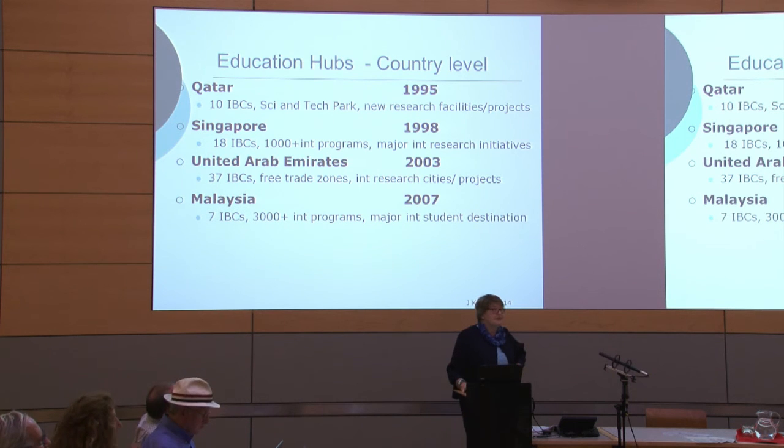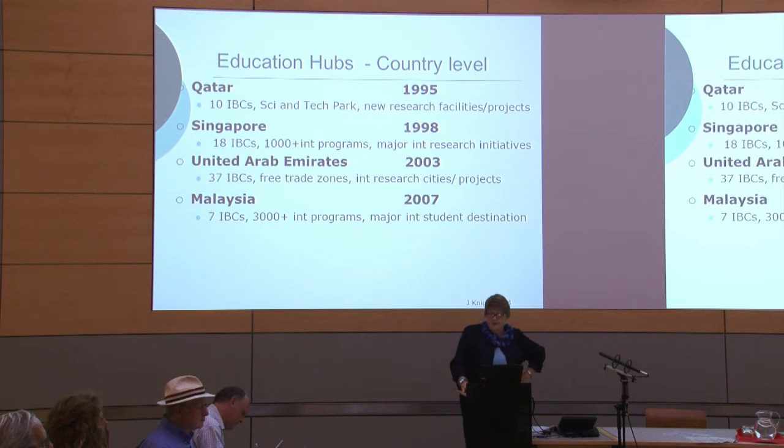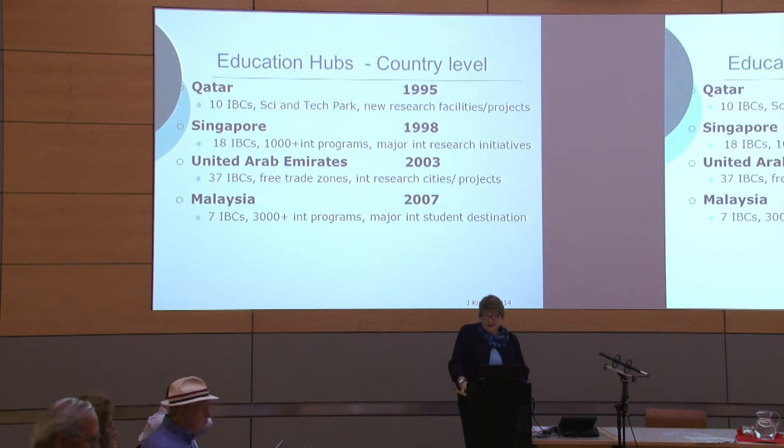Moving on to Malaysia, this is an extremely interesting case study. When we did the data gathering in 2011, there were 7 international branch campuses, and now they have put out tenders for 7 more. They have more than 3,000 of these twinning programs. And it has become a major student destination. Interestingly enough, now Tony, you'll have to help me with this, I think the number one is Iranian students in Malaysia, and number 2 is China.